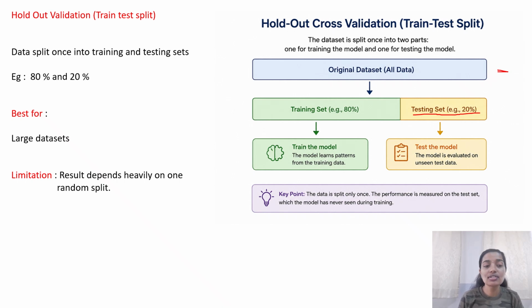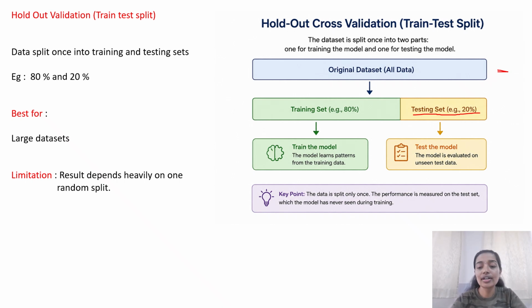In those cases, hold-out validation or train test split works well because the size of the data set is vast. But the limitation is that the result only depends on one split. We only test the model once and we also train the model once. That is why it won't give us very perfect results. We have already talked about this in our previous video.